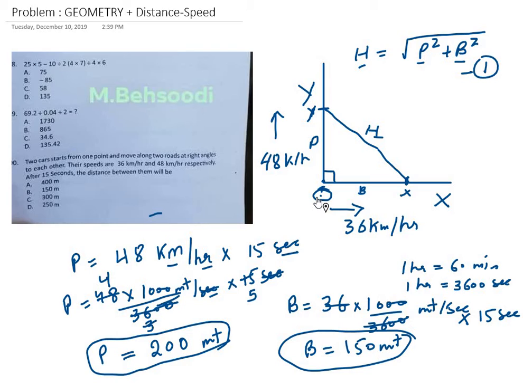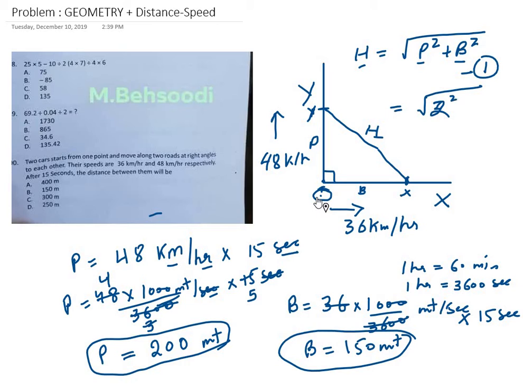So just looking at the options, what can be the answer? Now how are we going to solve it quickly without actually performing all the calculations? The key is that we can scale down the values of P and B from 200 to 2.